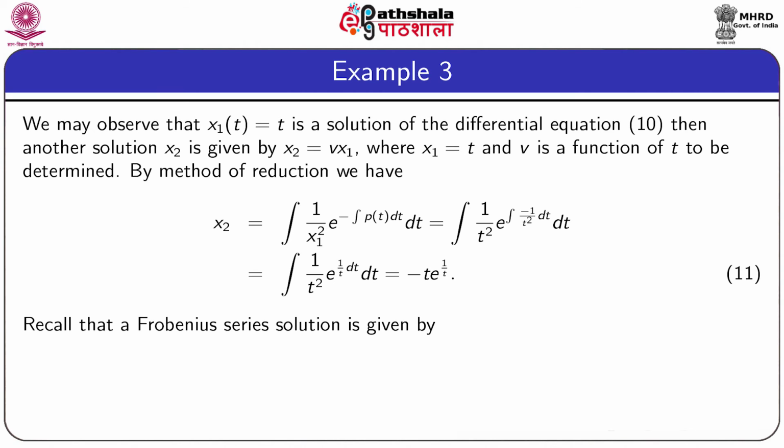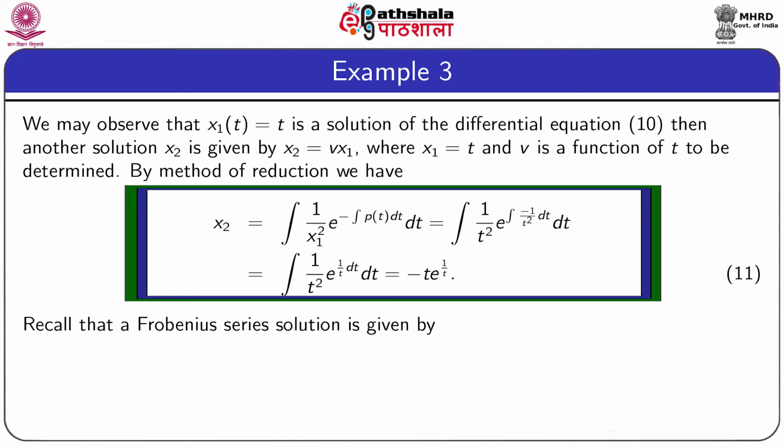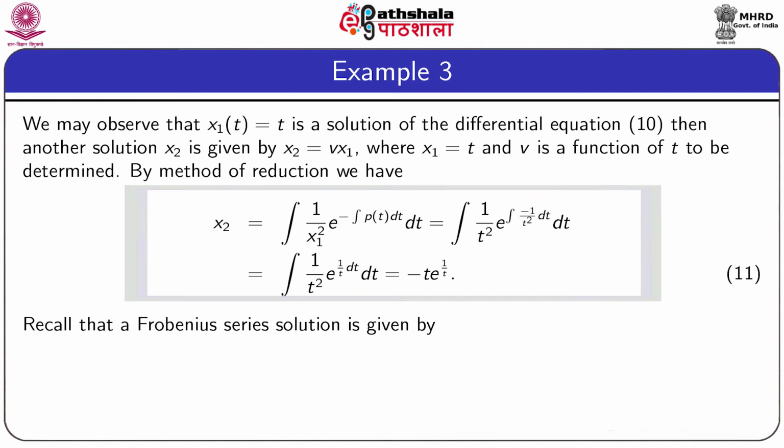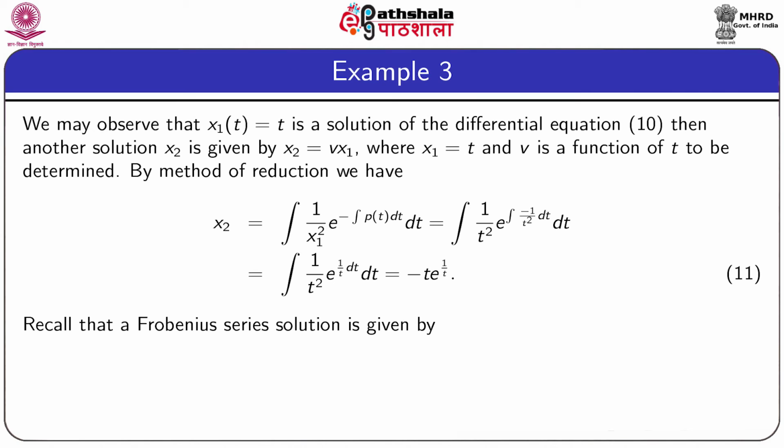By the method of reduction of order, we have x2 is equal to x1 times integration 1 by x1 squared e to the power minus integration p(t) dt, which is equal to t times integration 1 by t squared e to the power integration minus 1 by t squared dt. And if you integrate this, you will get this is equal to minus t e to the power 1 by t, given by equation number 11.